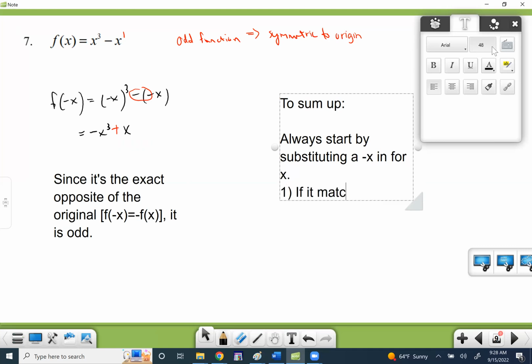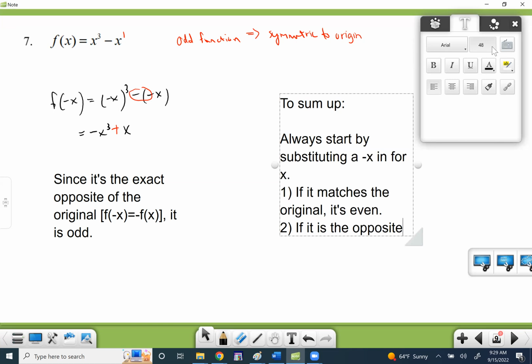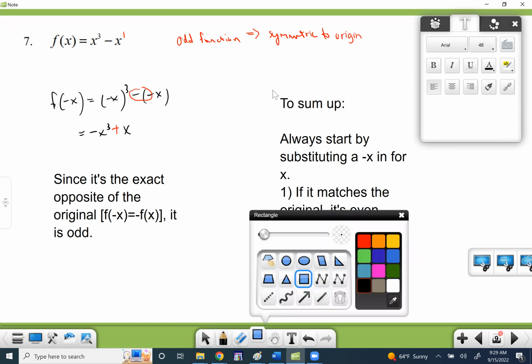If it matches the original, if it is the opposite, okay, so that's going to be our little takeaway from this little bit.